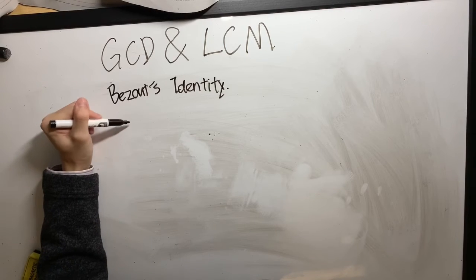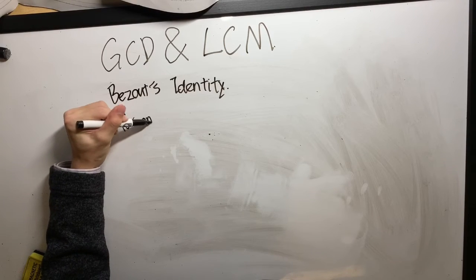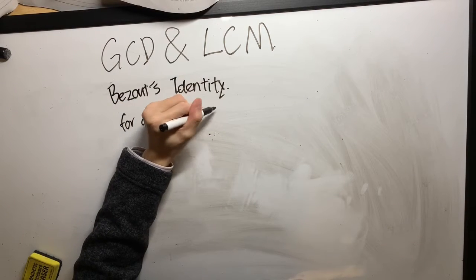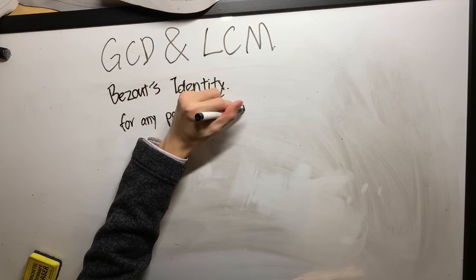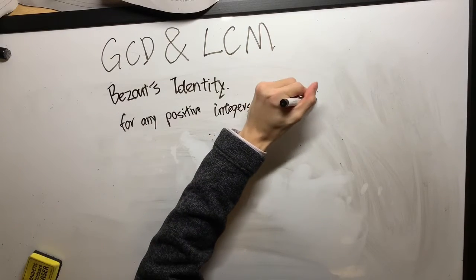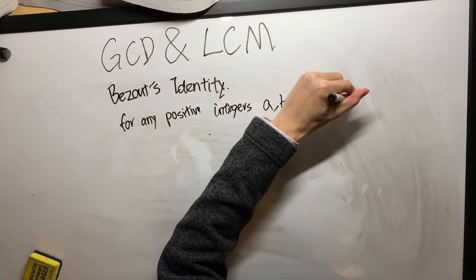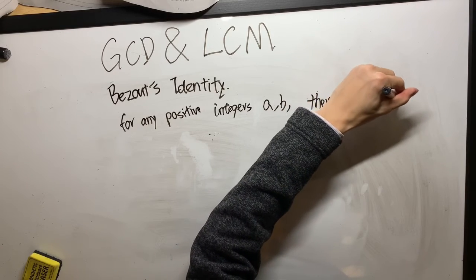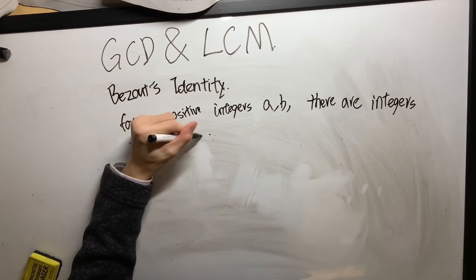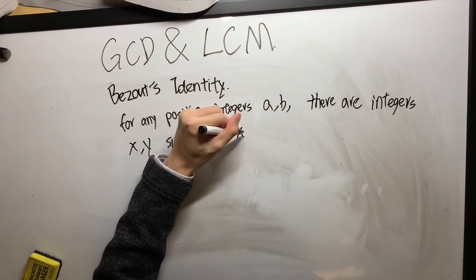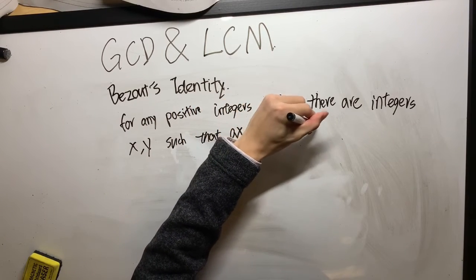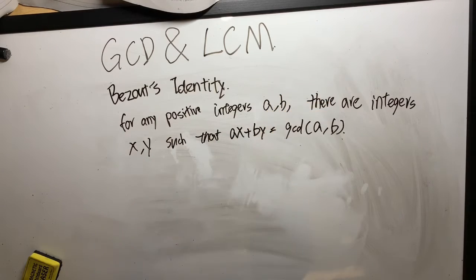This theorem says that for any positive integers A and B, there exist integers x and y such that ax plus by equals GCD of A and B.